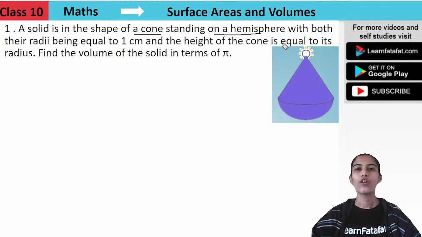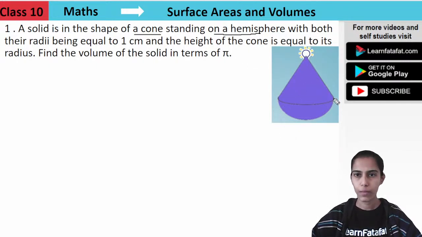तो cone standing on a hemisphere है means cone will be the upper part and the lower part of this solid is in the shape of a hemisphere. Both of their radii are equal to 1 centimeter. तो ये जो है radius दोनों का 1 centimeter है, whether it is cone or it is hemisphere. Okay.